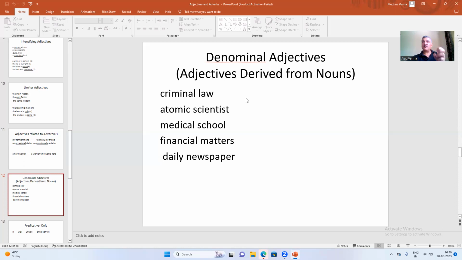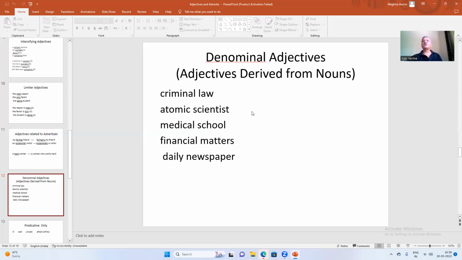They are themselves derived from one or the other noun. For instance, criminal is derived from crime, atomic is derived from atom, medical is derived from medicine, financial is derived from finance, and daily is derived from day. These adjectives basically classify. They are not qualitative adjectives. They refer less to the quality and more to the class.